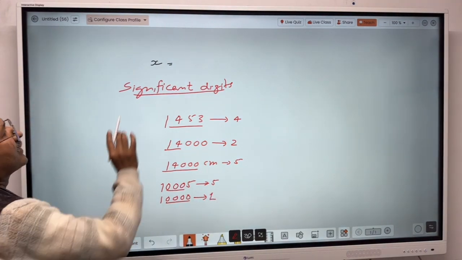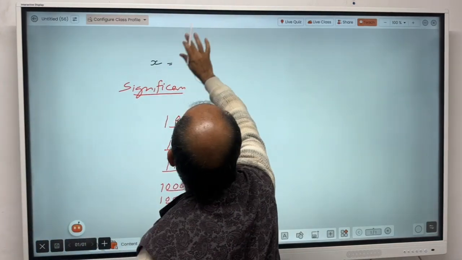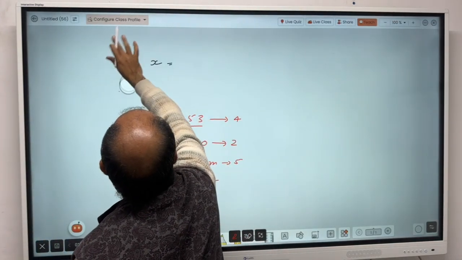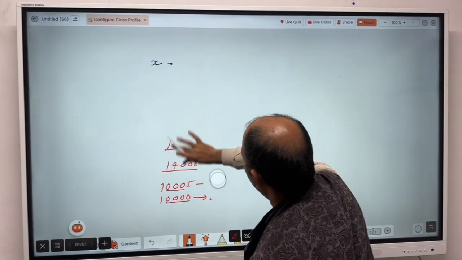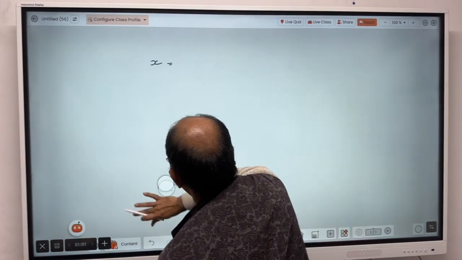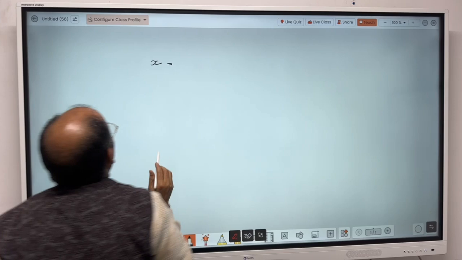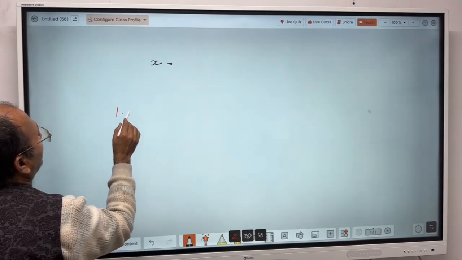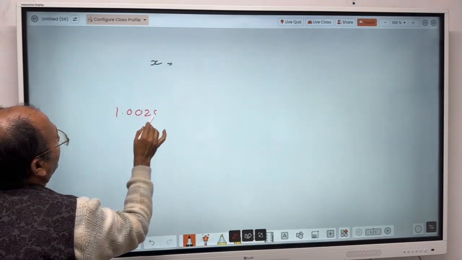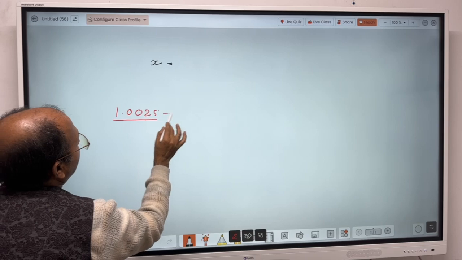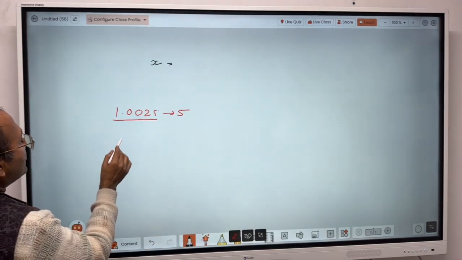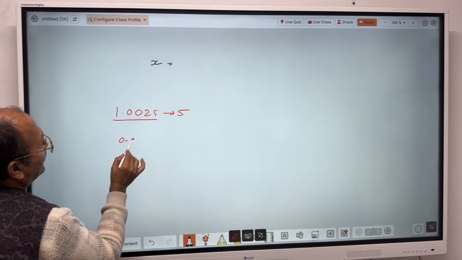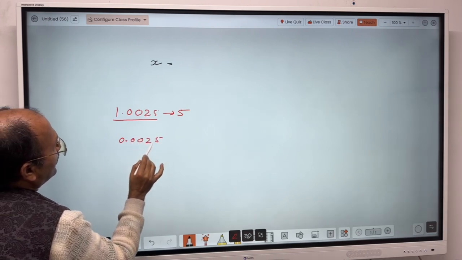Now consider cases where a decimal is present. If there is a decimal, in that case, what will happen? So suppose we are given 1.0025. Here all 5 digits are significant. But suppose there is 0.0025.